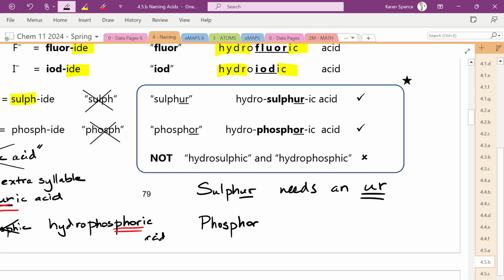So they need those extra syllables. Nobody else does. I'm not quite sure why they needed them for this one, but there we are. That happens whether you have sulfide, sulfite, or sulfate. Doesn't matter which one.